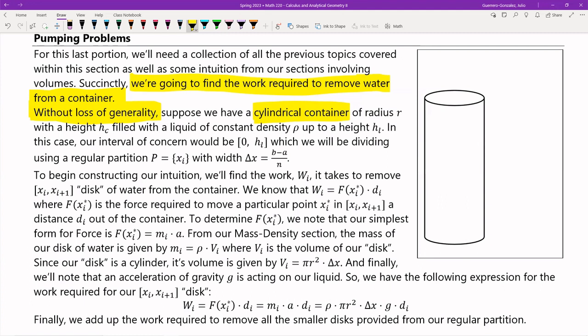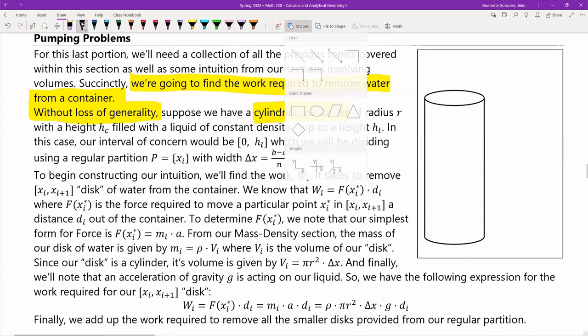There are a couple of things that I want to slap down on a picture right now. Suppose we have a cylindrical container and the radius is r. So let me first choose my color.